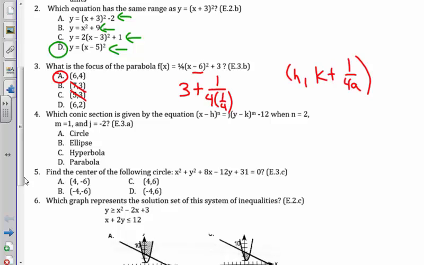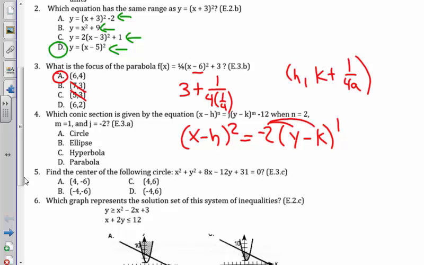All right, so with number 4, all we need to do is plug in the values and see what we get. So I've got x minus h squared equals j is negative 2, y minus k, and m is 1. If we think about trying to get y by itself here, we distribute everything through.